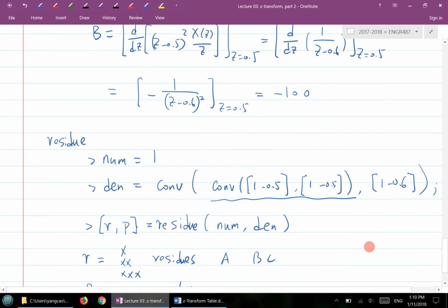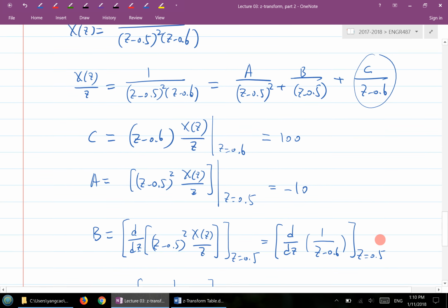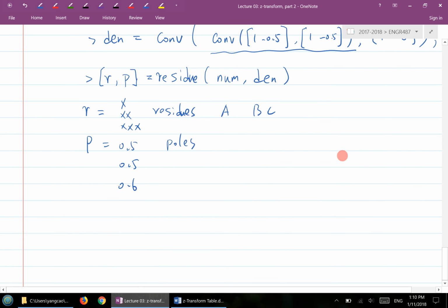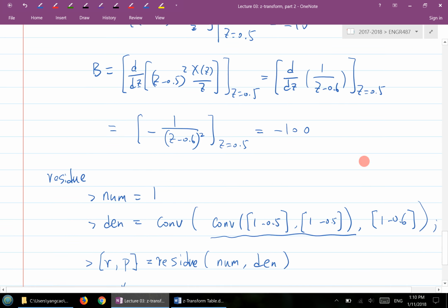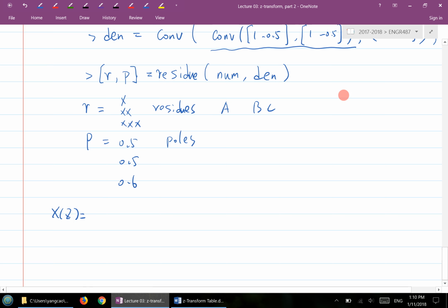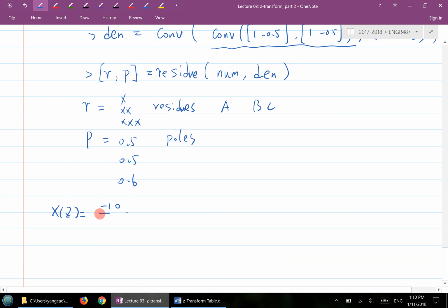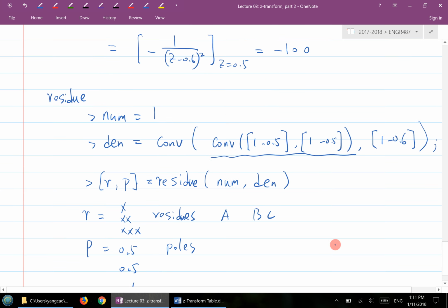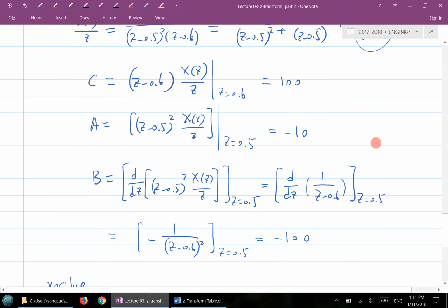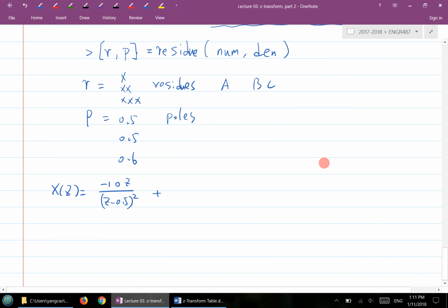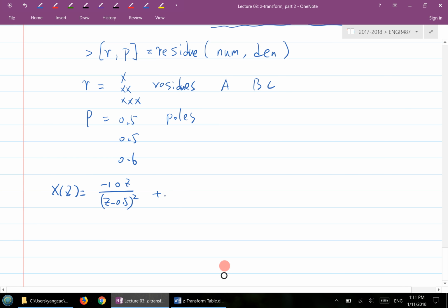So back to this question here. Let's say I got A, B, C now, right? So let's rewrite this a little bit. X of Z equals A, as we got, is 100, no, yeah, negative 10, so negative 10 divided by this one times Z, and then plus B is negative 100, so there's a negative sign here.